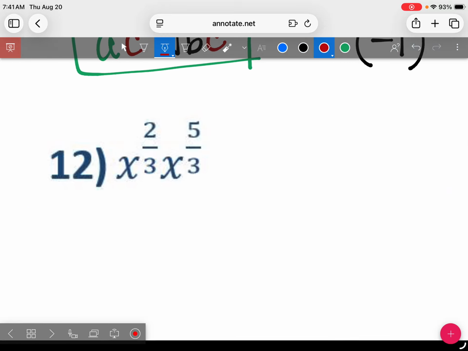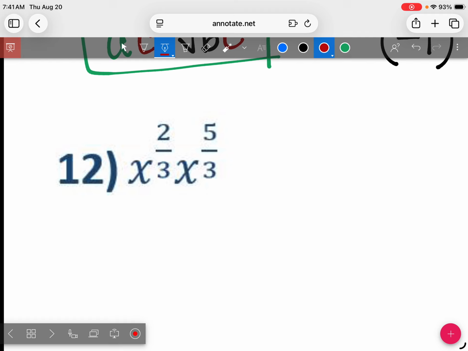So now we're going to look at some fraction exponents. Let's look at these real quick. Who remembers the rule when you multiply with the same base?